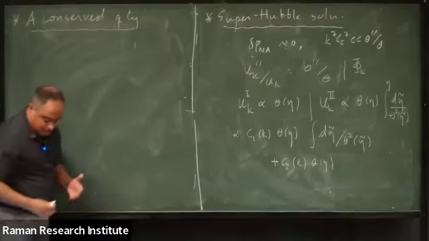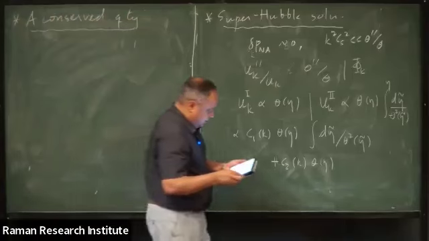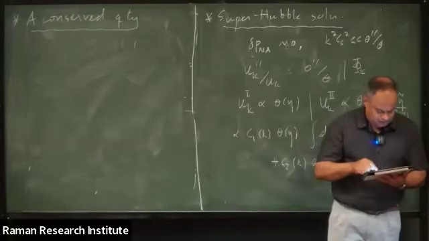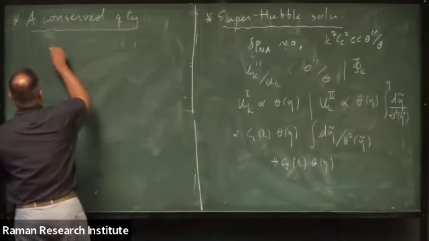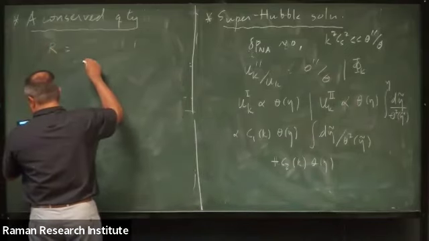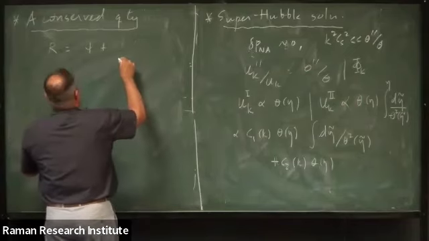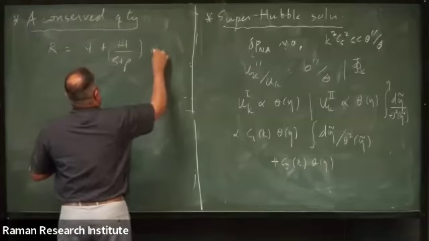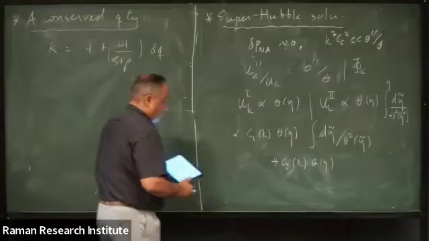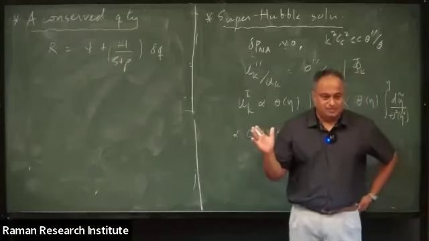Okay. So again, I'm going to skip a lot of algebra and just quote the results. I'm going to define some quantity R is equal to psi plus H by rho plus p delta q. Okay. Remember, the psi was the quantity that appeared in the metric.